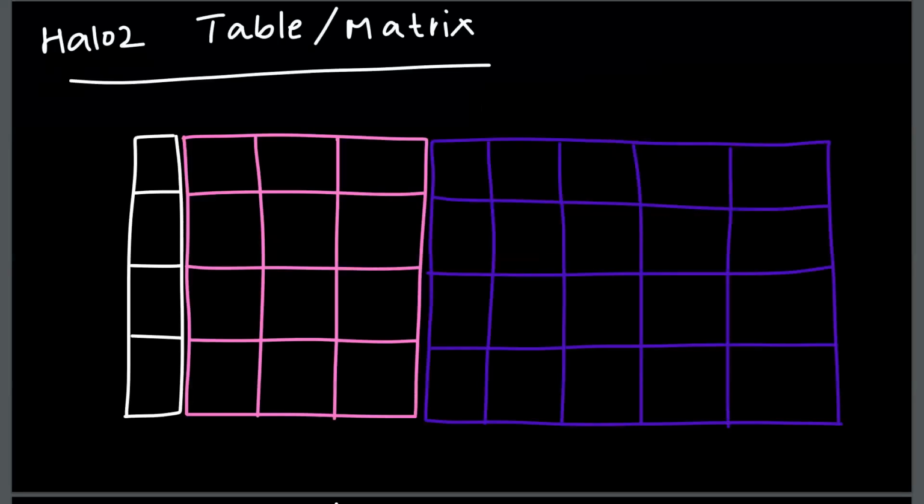The Halo 2 table has three sections: a white column, pink columns, and blue-violet columns. Each of these columns stands for something.